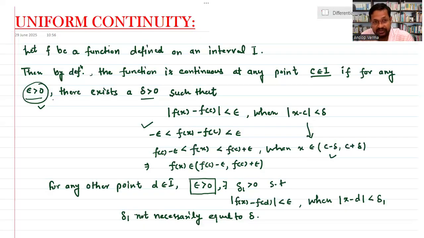For uniform continuity, we choose some epsilon, and for that epsilon we have a fixed delta throughout the interval, whatever point we are taking. It is not depending on the point throughout the interval. That type of function is called uniformly continuous. I think you understood well the meaning of uniform continuity.